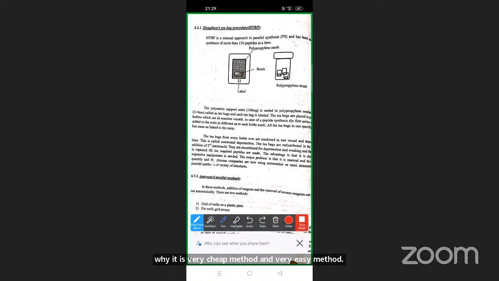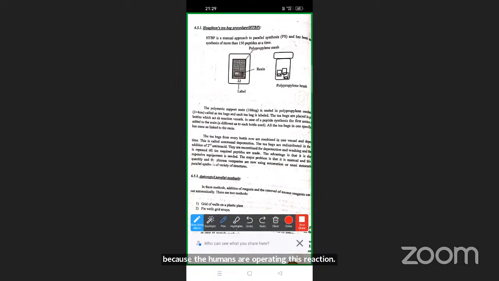And the disadvantage of this method is that it is a manual method. The tea bag method is a manual method. If you do a manual method, you can expect some errors, because humans are performing this reaction.